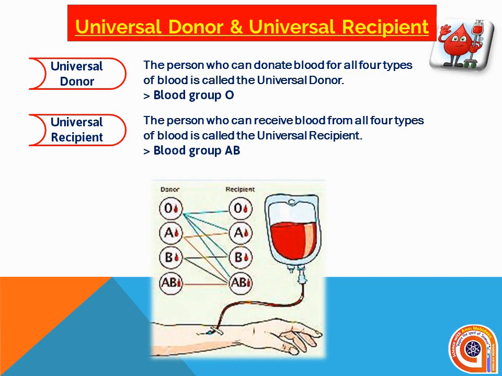So accordingly you can see here, blood group O could be donated for all four types O, A, B and AB, and blood group AB receives blood from all four types of blood groups O, A, B and AB.